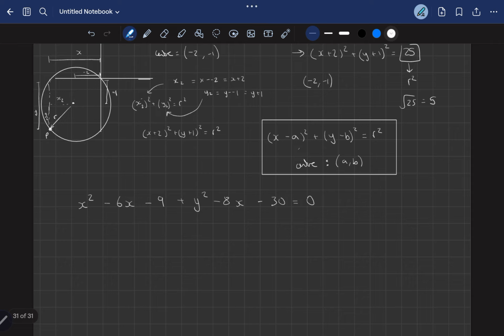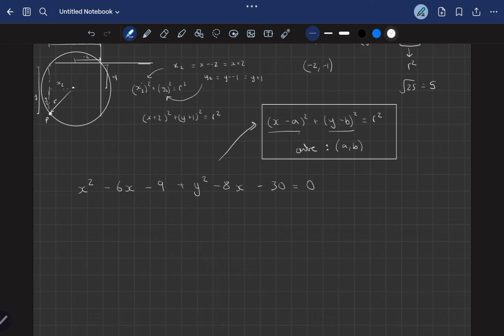Now clearly, this does not look anything like that. However, we can apply something that we've known before. We can complete the square for x and y in order to get this square component right here. So let's complete the square for this x part right here.